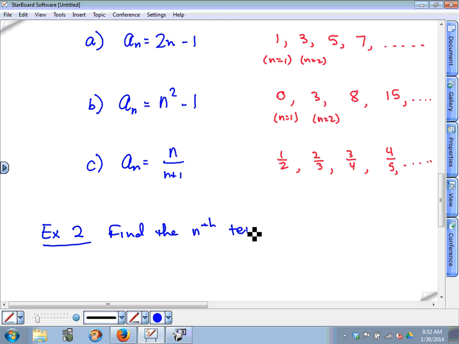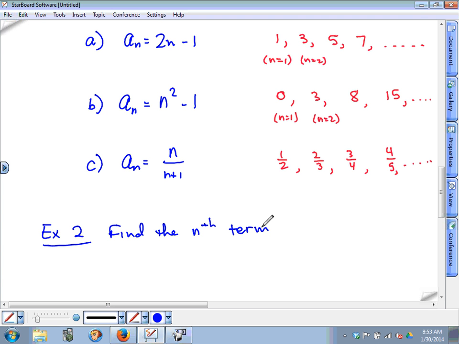Find the nth term. Now, this is the direction that the book also gives, find the nth term. You need to understand what they're asking, so listen carefully. Are you ready? Finding the nth term. Everybody look up here at the screen. Finding the nth term is exactly the opposite of what we just did. I'm going to give you the first 4 terms of a sequence.